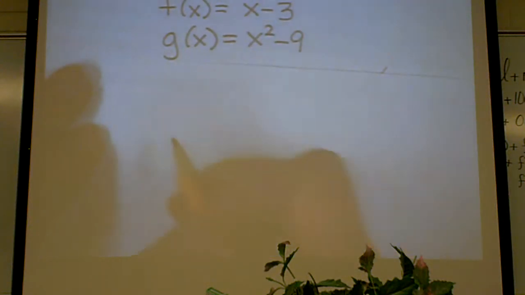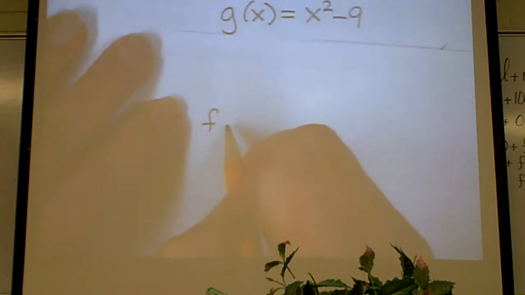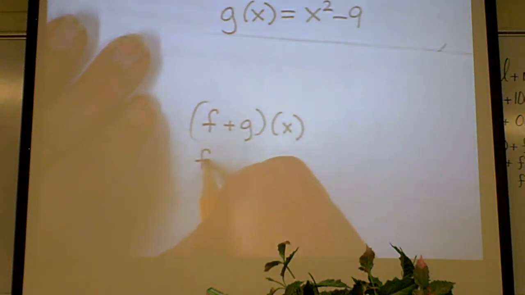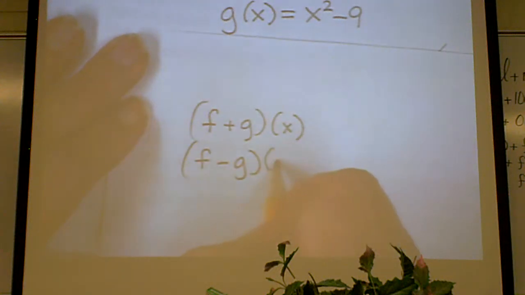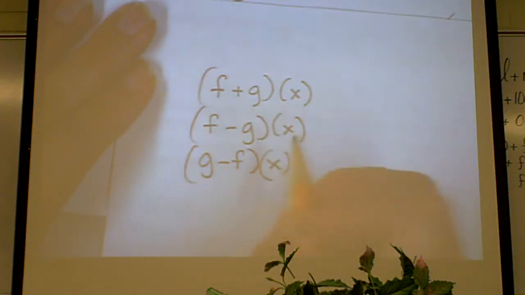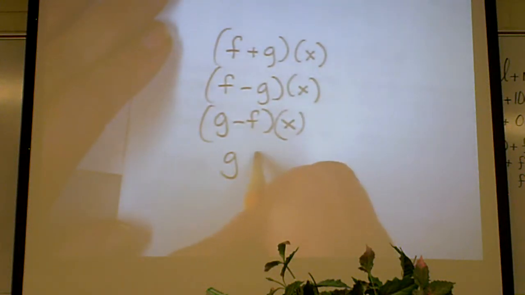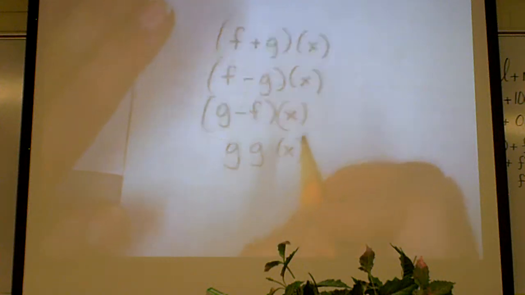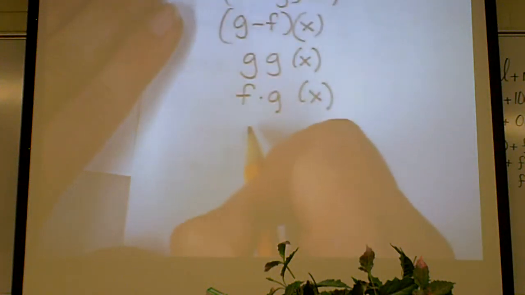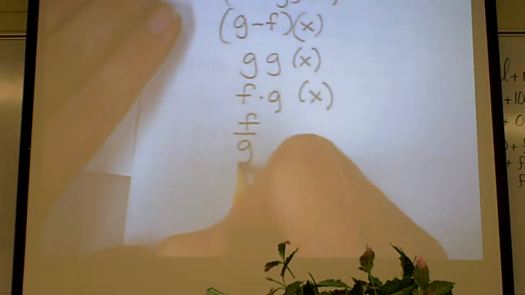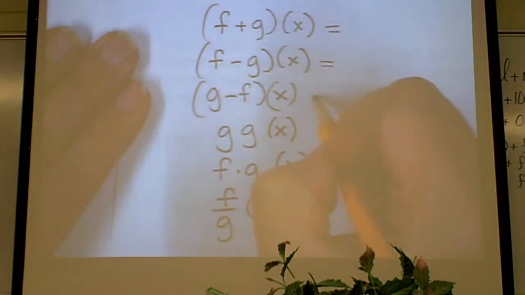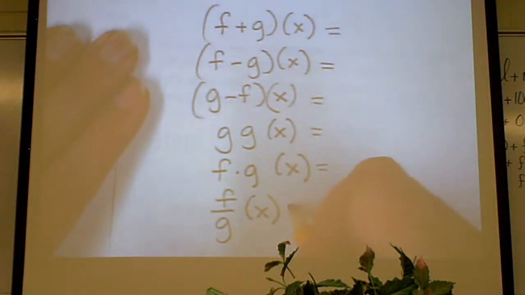It's going to say find f plus g of x, f minus g of x, g minus f of x, maybe g of x, f times g of x, it might say f over g of x. You better know what to do with all of them and simplify your answers.